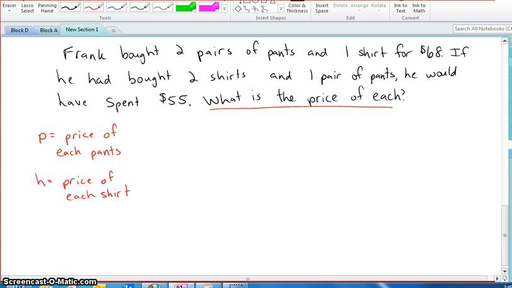So that means if he has 2 pairs of pants, I have to multiply 2 times the price of the pants. Plus, he bought 1 shirt, and together that was $68. If he changed his mind and bought 2 shirts and 1 pair of pants, though, he would only have spent $55. So here's my system.